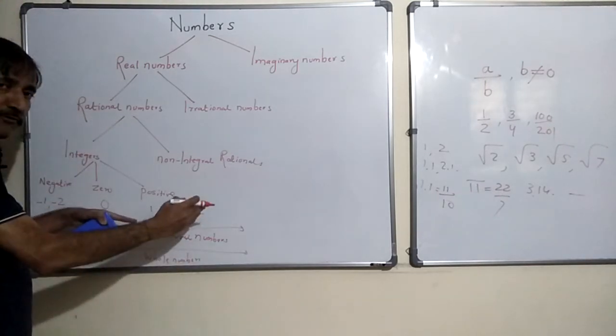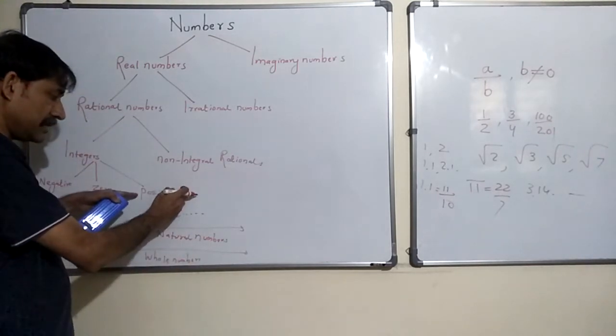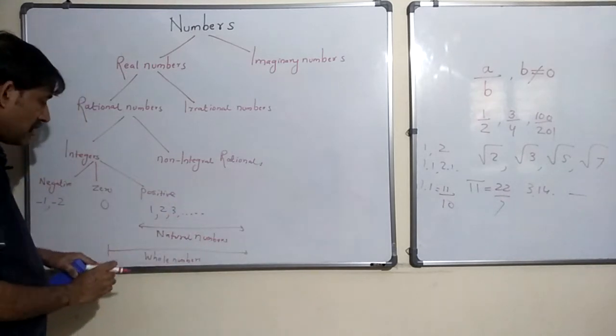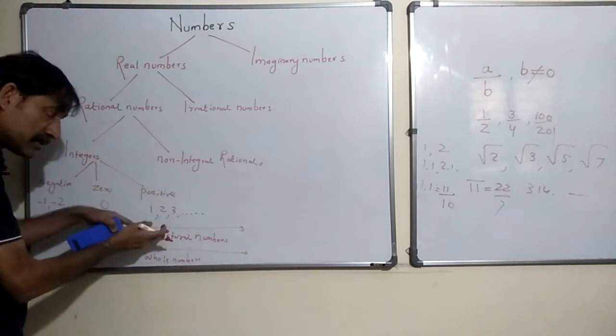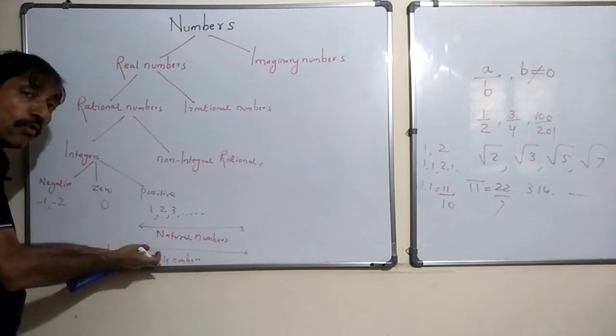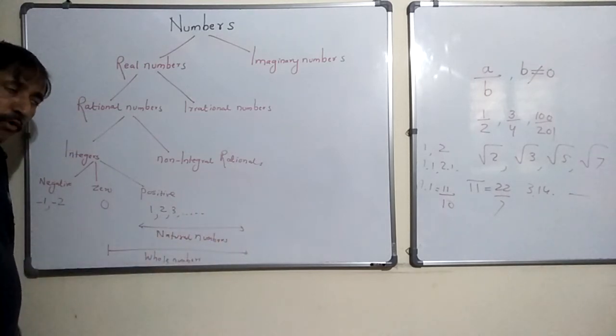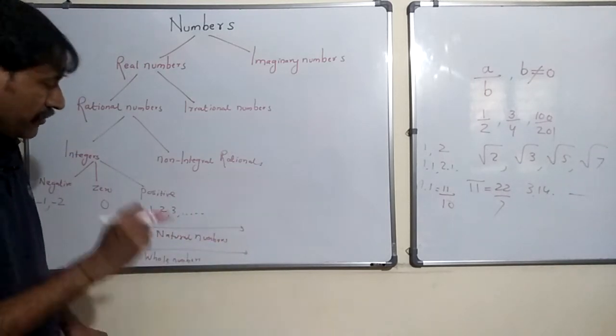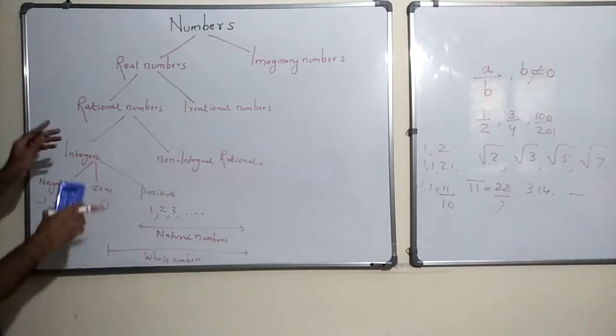So 1, 2, 3, 4, 5, 6, 7 are positive integers, they are also natural numbers, and if you add 0 to the set of natural numbers, it becomes whole numbers. The entire set is a set of whole numbers. Good. So this is all that we have.